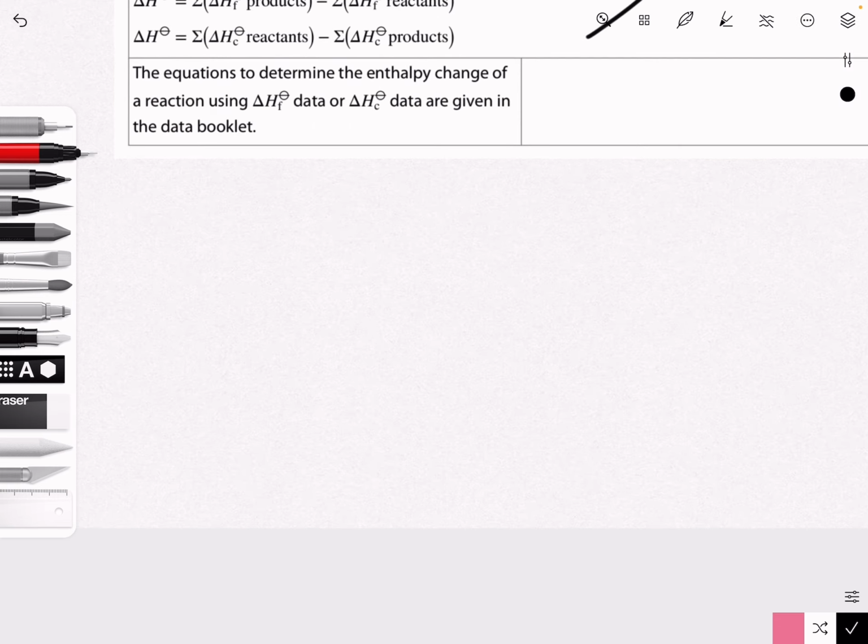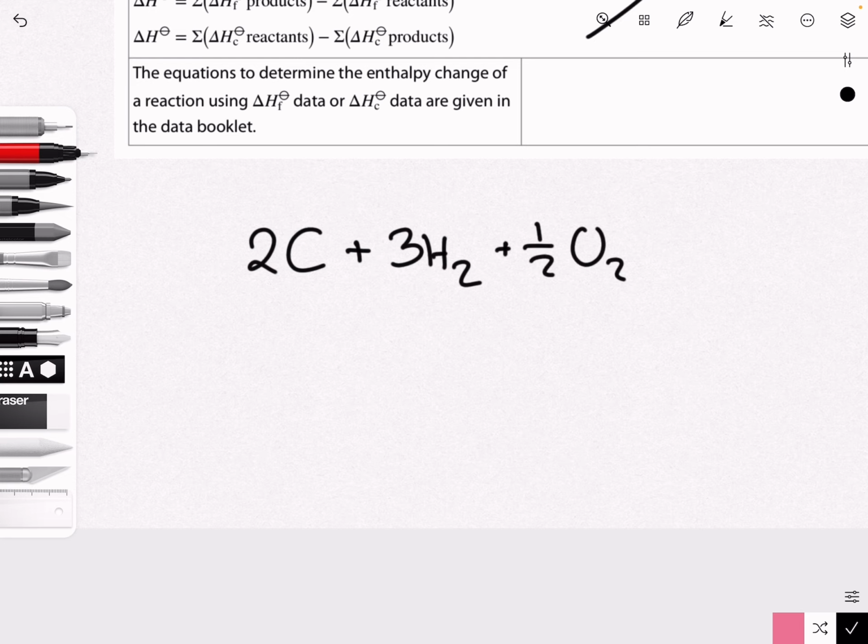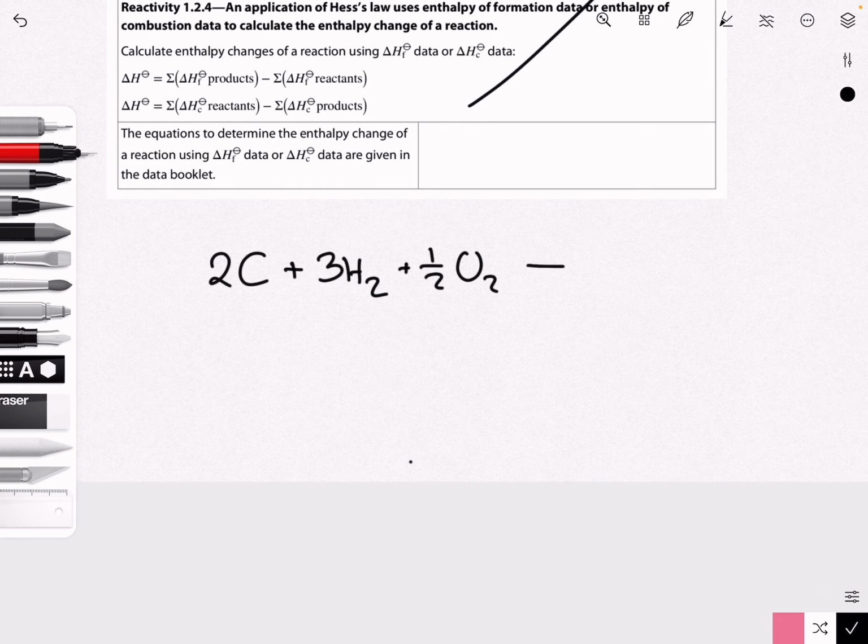So we will have 2 carbons with 3 of those, and have that, the same thing that we had earlier, giving us C2H5OH.